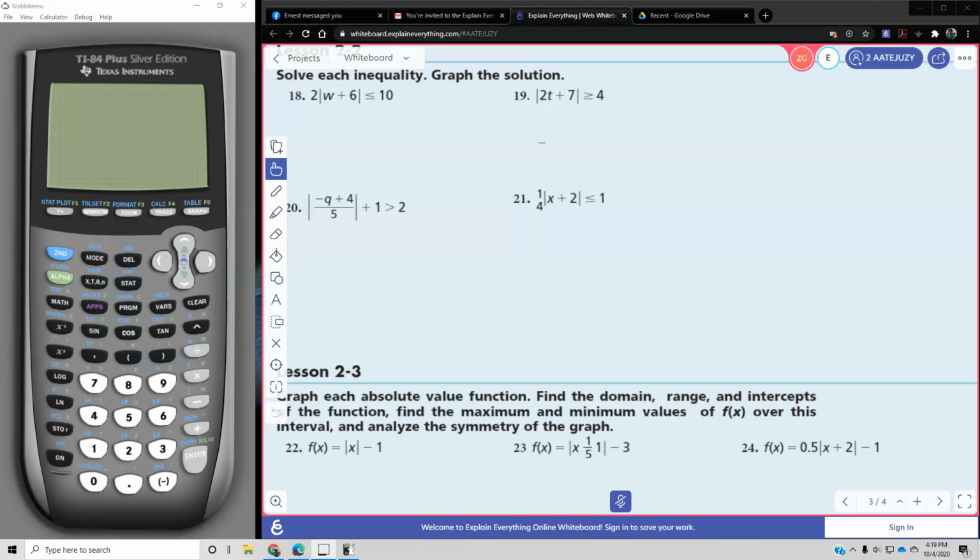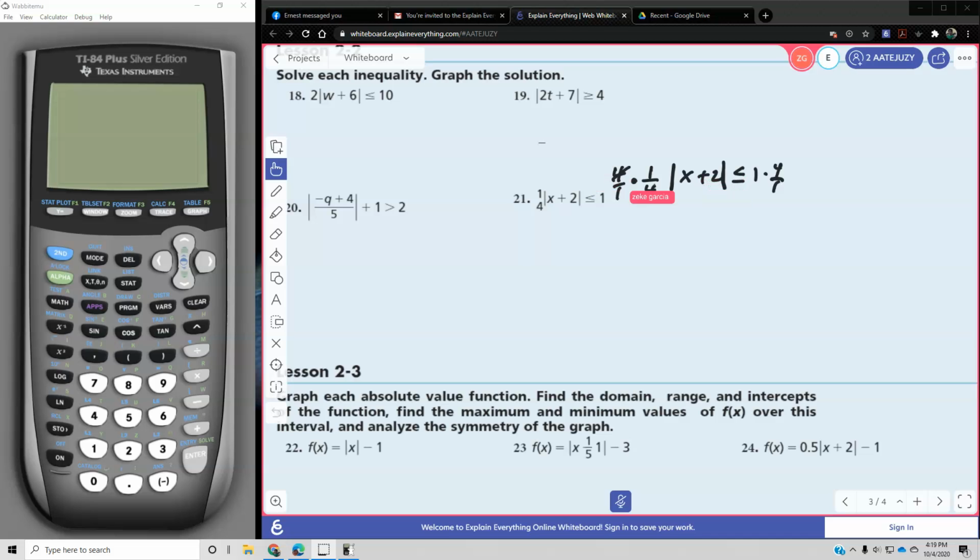Number 21, that is a 1/2. So you have 1/2, my mistake, 1/4, absolute value of x plus 2 is less than or equal to 1. So you multiply both sides by the reciprocal. Remember, whatever's outside the absolute value, you have to address.